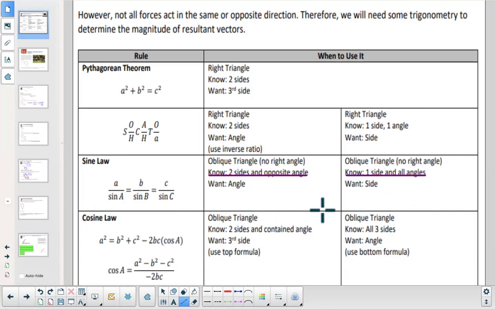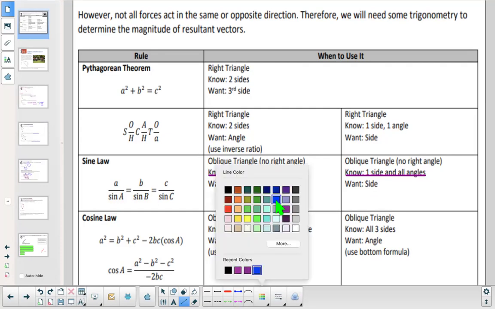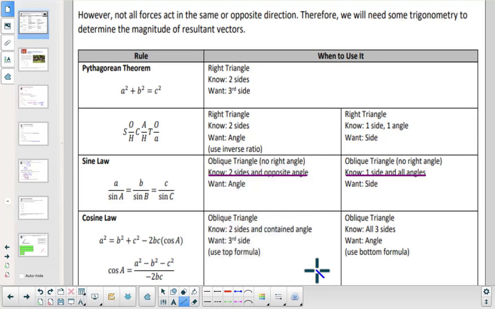So this chart right here and these situations have to be memorized for the test. Very important. We're not going to be giving you this information on the test. And based on the word problems, you have to know when to use which formula. So the cosine law is used quite often when you are solving for a third side.